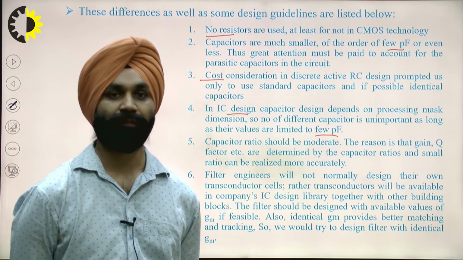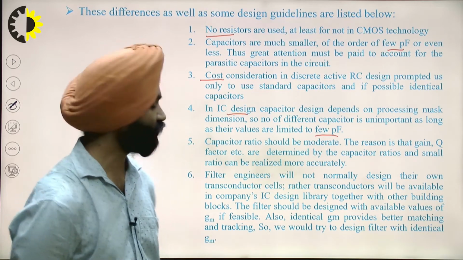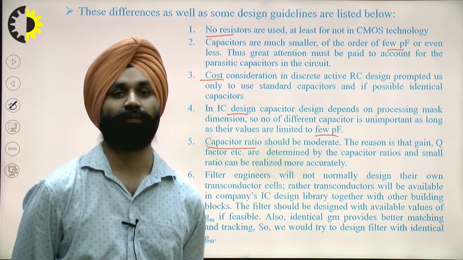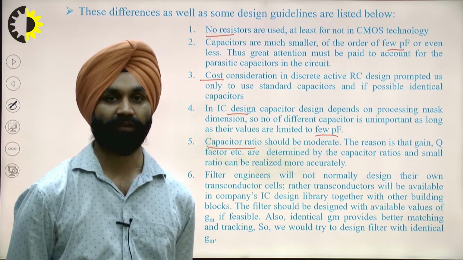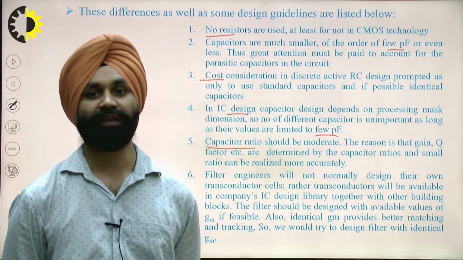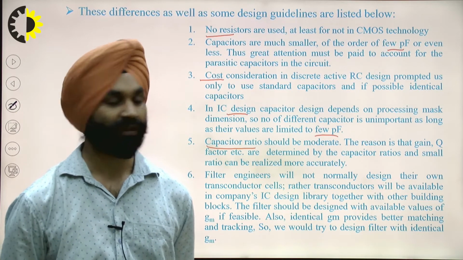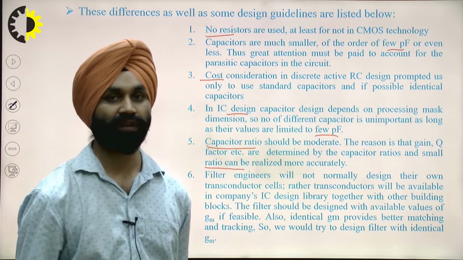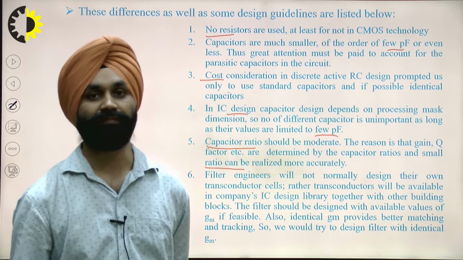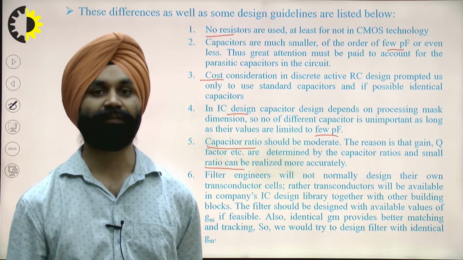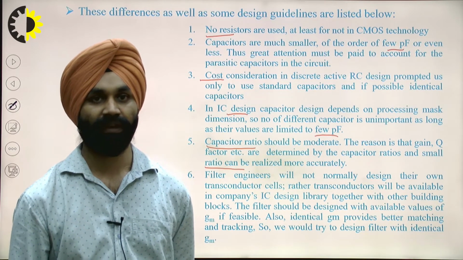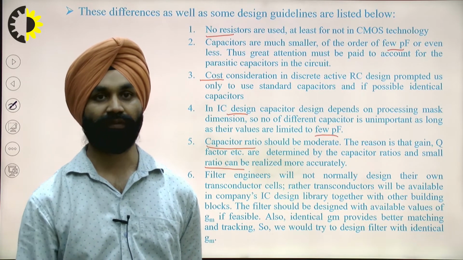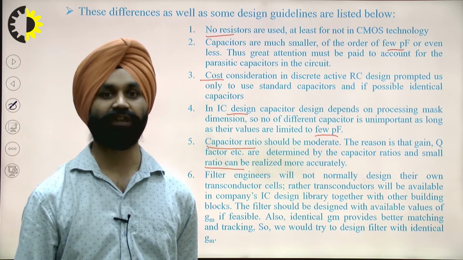If we consider the capacitor again, the capacitor ratio should be moderate for obtaining a good Q factor, and the small ratio will be realized using these transconductance capacitors. So all these advantages go in favor of the transconductance amplifier when we are considering the capacitor.